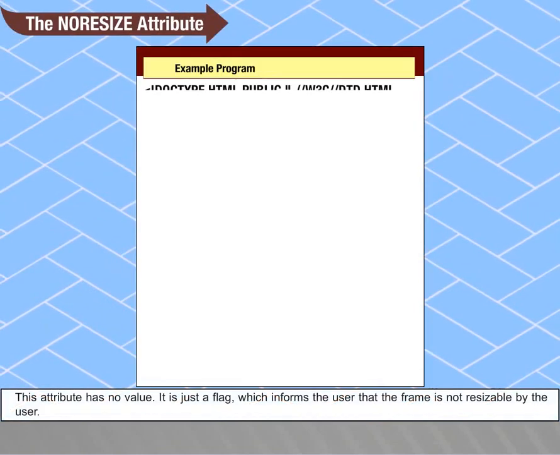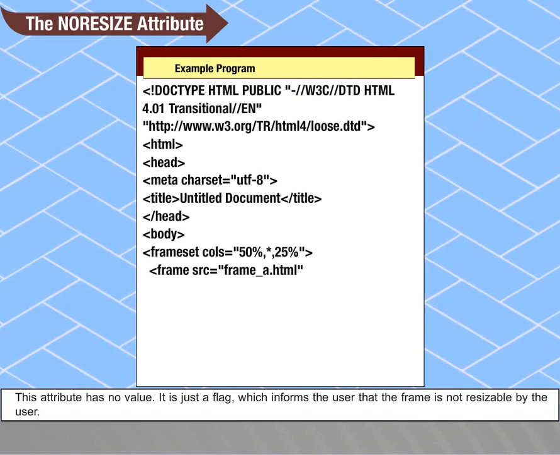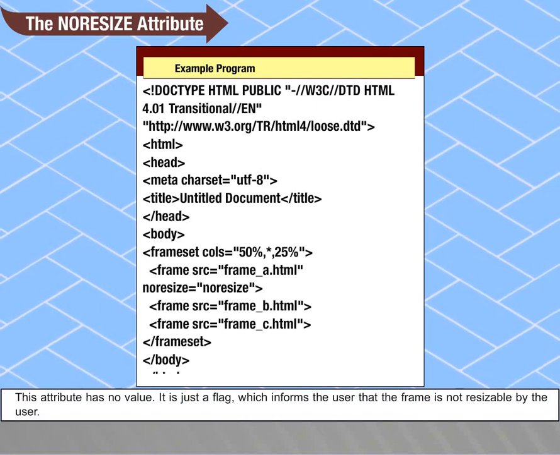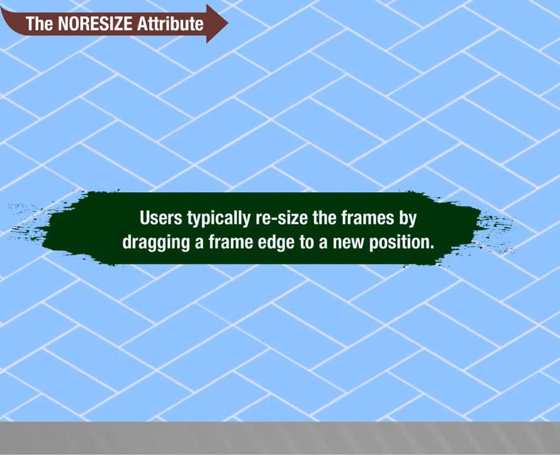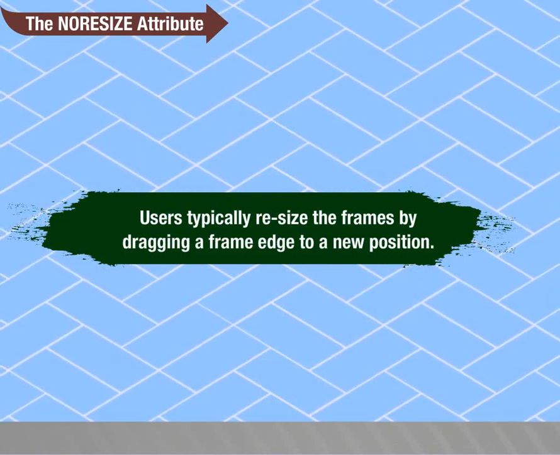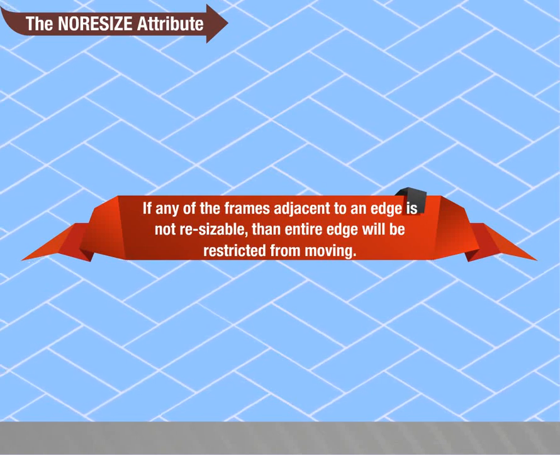The noresize attribute. This attribute has no value. It's just a flag, which informs the browser that the frame is not resizable by the user. Users typically resize the frames by dragging a frame edge to a new position. If any of the frames adjacent to an edge is not resizable, then the entire edge will be restricted from moving.